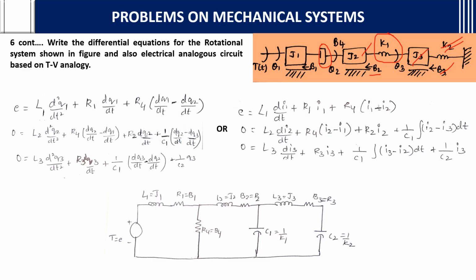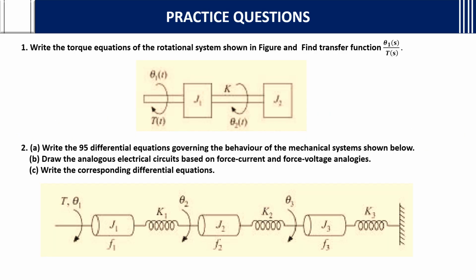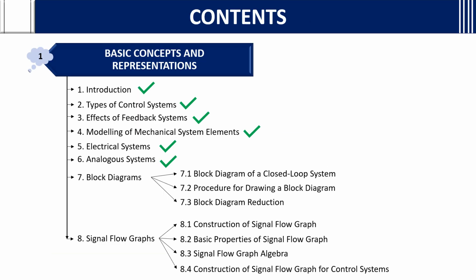Those three topics, topics 4, 5, 6 that I told you, are very important. So these are practice questions you can solve and try to get the answers. If you have any doubt, you can comment in the comment box.